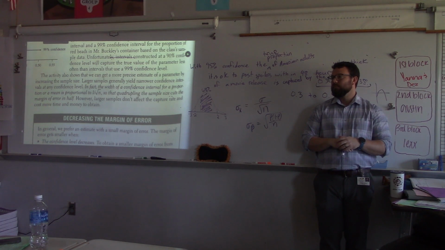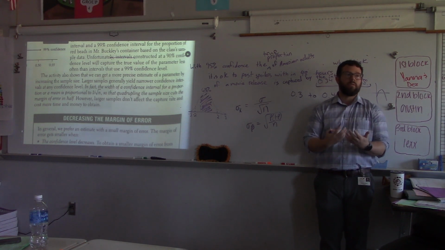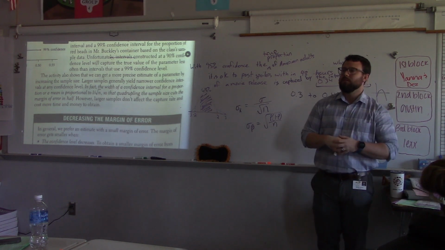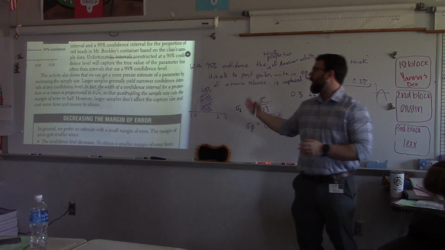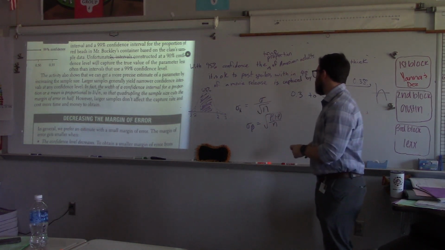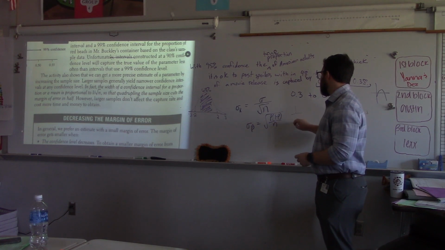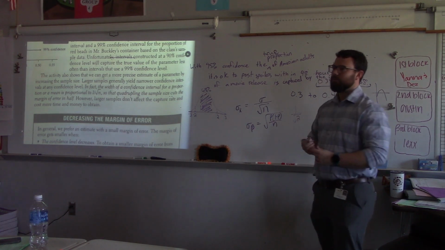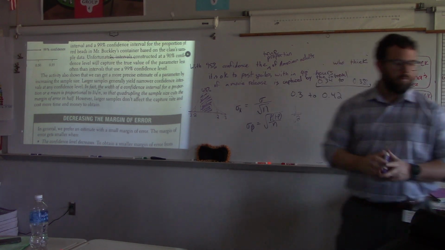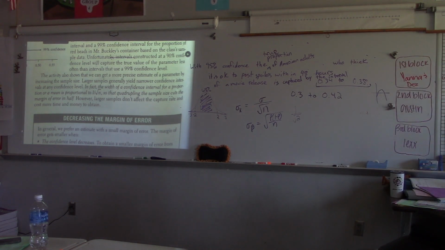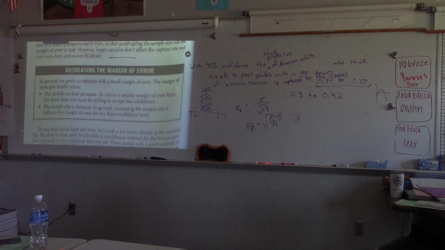If you double your sample size, it's not going to halve the margin of error, it's going to divide the margin of error by the square root of 2. Small detail, but useful to note. That won't be on a free response, but that could be a multiple choice question.